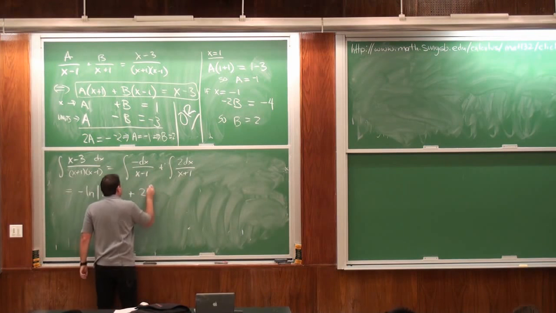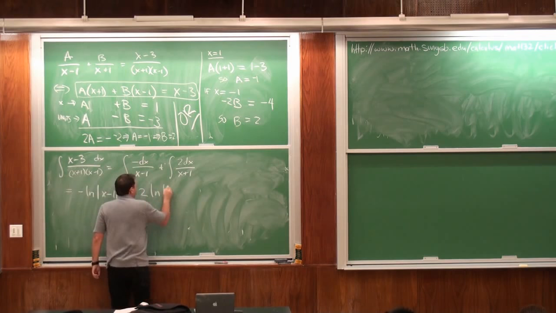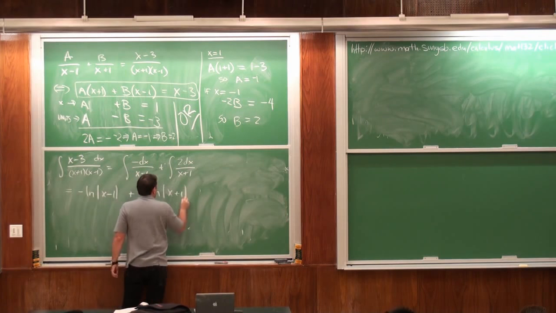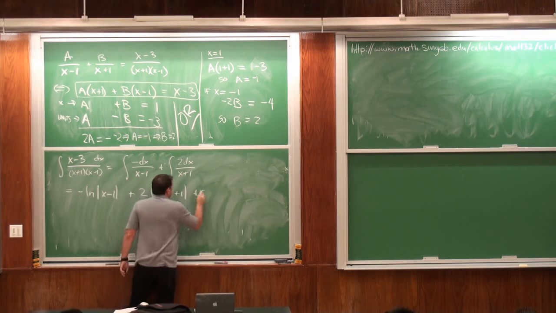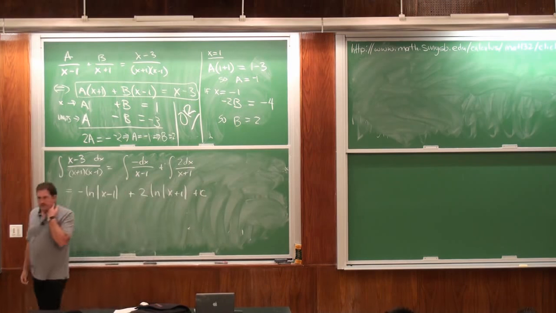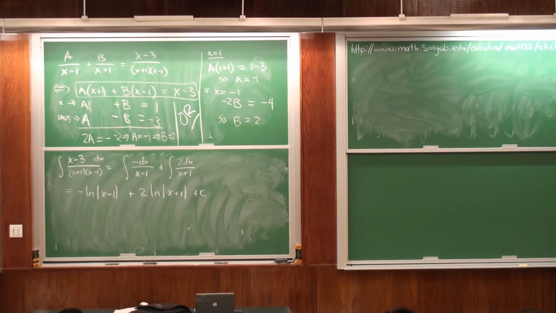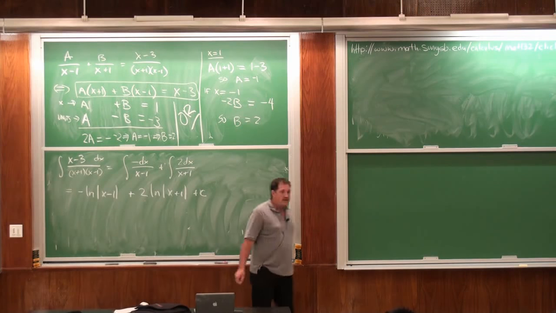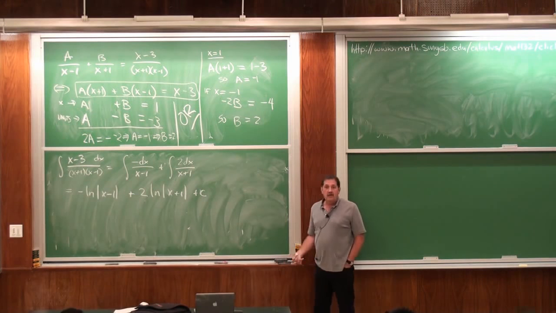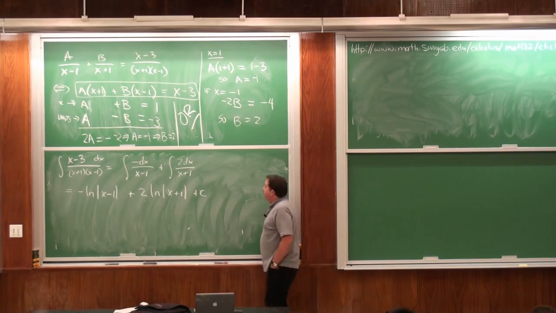So this is plus 2 times the log of x plus 1, plus the constant. Okay? So these are really easy once you get the hang of them. The hard part with partial fractions, as in most of calculus, is not the calculus, but the algebra. But this is pretty straightforward.